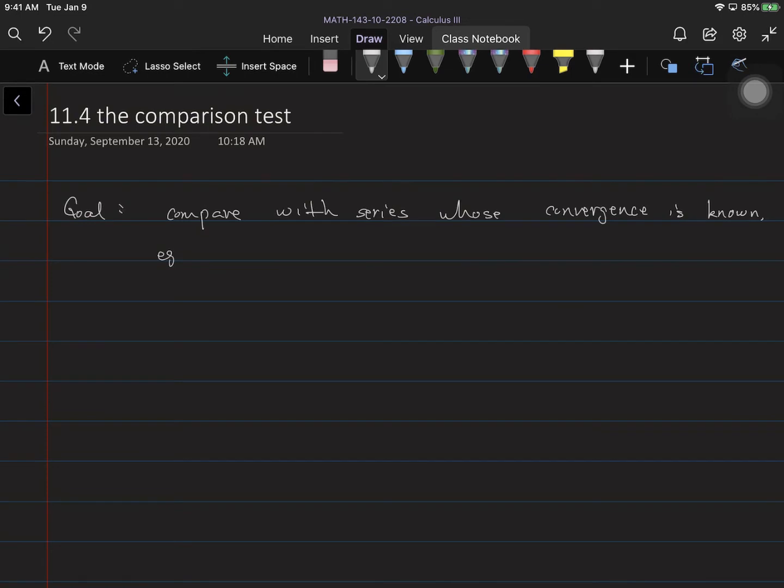like P series. Do you still remember what is P series? Like this, right? And when P greater than 1 converges, and less equal to 1, diverges.